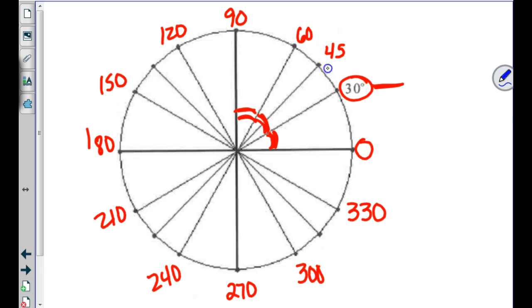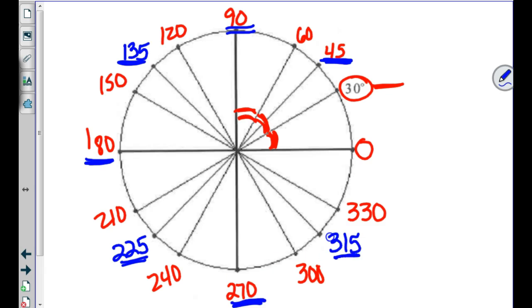And then if you were doing the 45s, you add 45 once and you get 90, add 45 to that and you get 135, add 45 to that and you get 180, add 45 to that and you get 225, add 45 to that and you get 270, add 45 to that and you get 315.